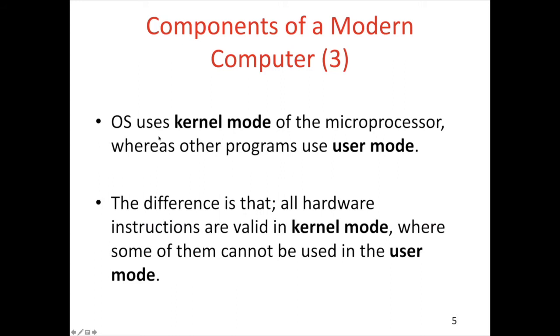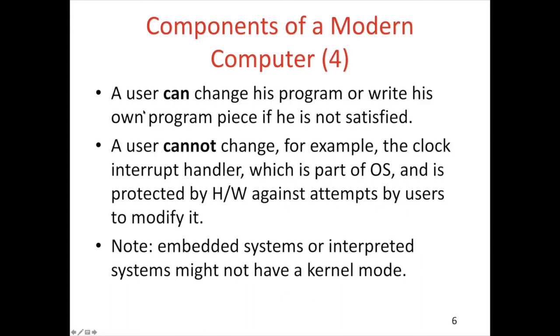The operating system uses kernel mode of the microprocessor, whereas other programs use user mode. The difference is that all hardware instructions are valid in kernel mode, whereas some of them cannot be used in user mode. A user can change his program or write his own program piece if he is not satisfied.